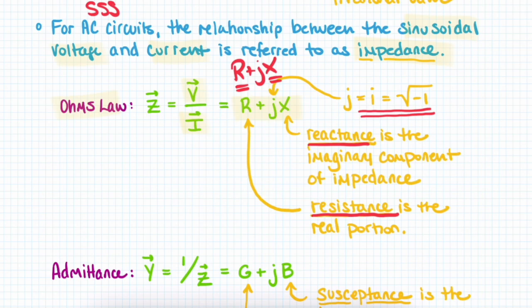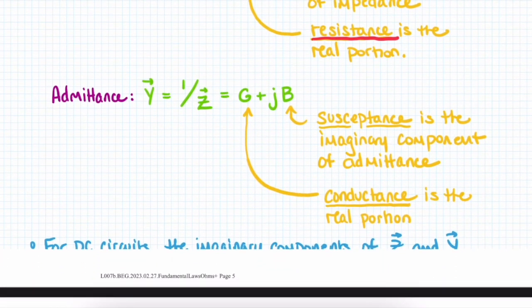Now, the inverse of impedance is called the admittance. So Y is equal to 1 over Z. And that is similarly described in a complex form where the real portion is called conductance and the imaginary portion is called susceptance.